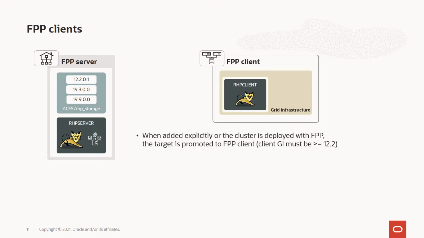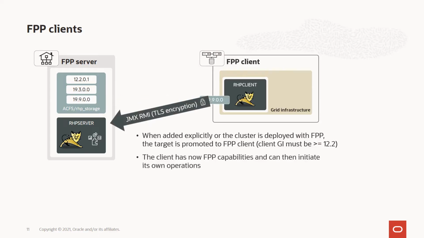That component, we can have it only if we have grid infrastructure and only if grid infrastructure is at least 12.2. And this gives the target some additional capabilities, like initiating its own operation from the client itself. So with this configuration, the operations can be initiated either from the FPP server or from the FPP client.